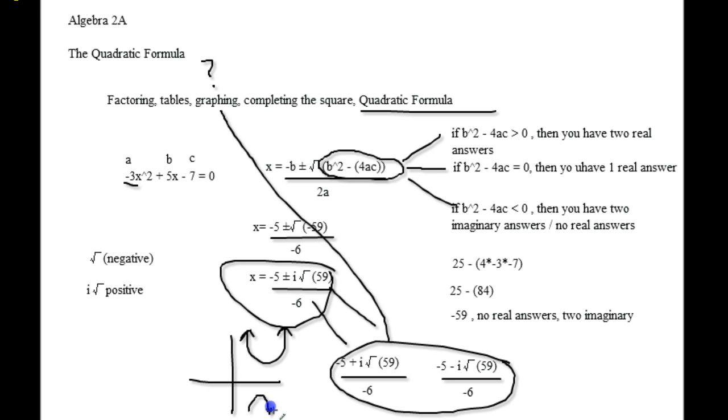It's not going to cross the x-axis, but there still are going to be answers for it. We're going to call them the imaginary answers. As you can see, there's two imaginaries, there's just the i. And we'll learn about complex numbers next time, just to go more in depth. But whenever you see a square root of a negative number, just put an i in front and then change that number to positive. You should be good.